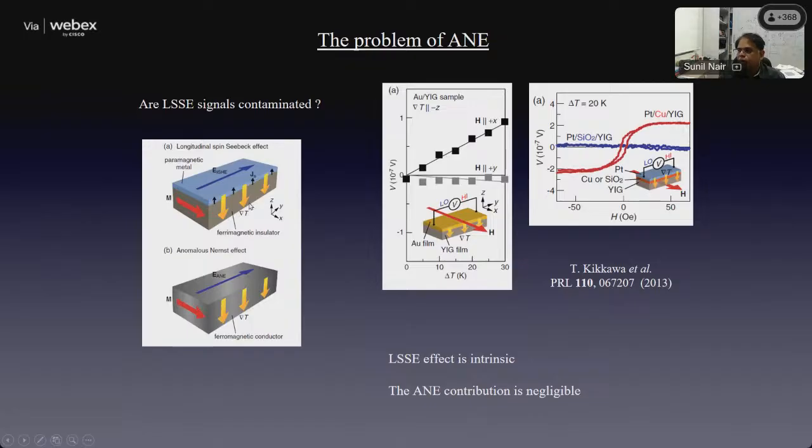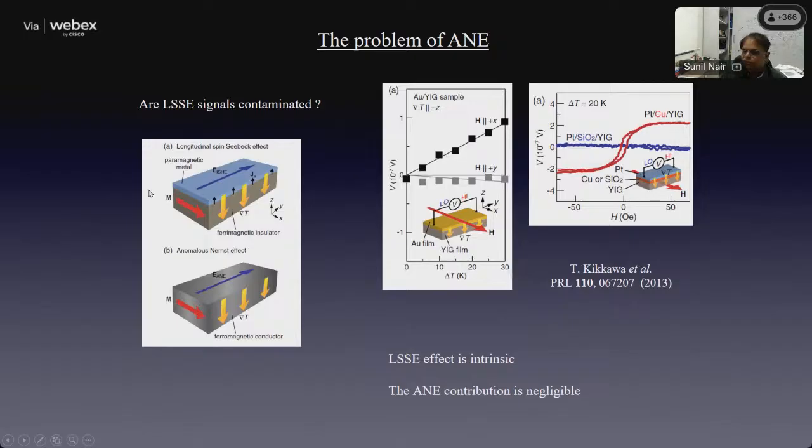In light blue, I apply a delta T in this direction and I get a voltage across this metallic layer. All this is fine, but this is exactly the same geometry you would use, for instance, for measuring what is known as the anomalous Nernst effect. I briefly alluded to this in one of my earlier slides, but let's not worry about the details at this point.